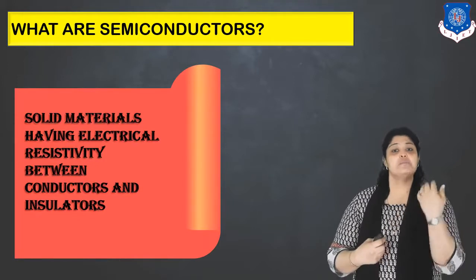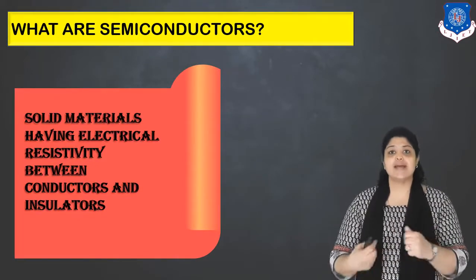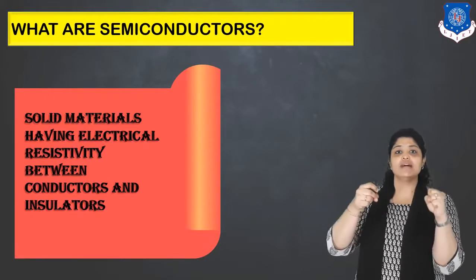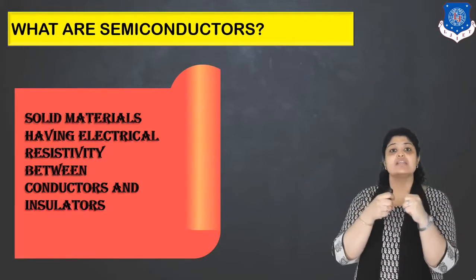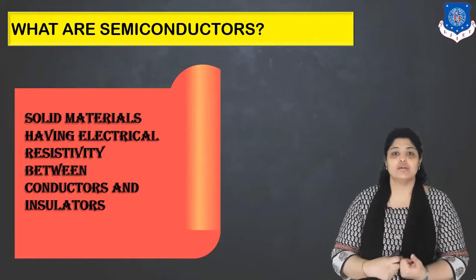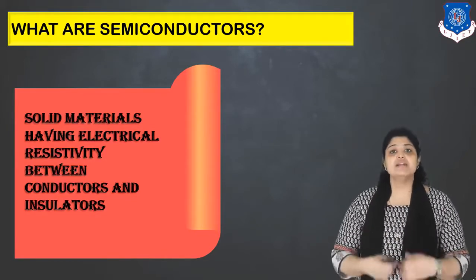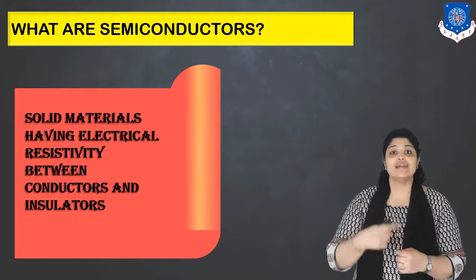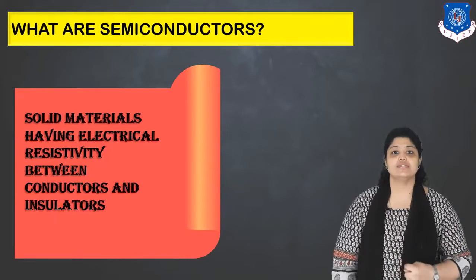We know that maximum electrons in any orbit can be 8. So 4 electrons of one atom and 4 electrons of the other atom, they share among each other, and this is what is known as formation of covalent bond. So basically semiconductors are materials which are formed of covalent bonds, that is sharing of electrons.